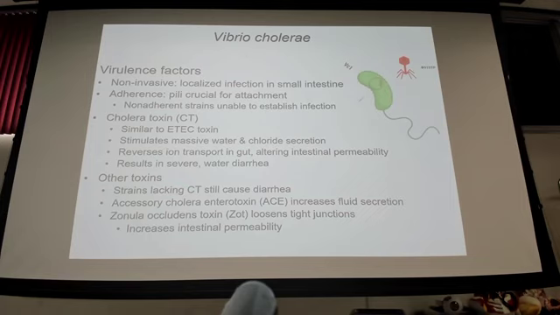LT or what? CT, cholera toxin. In terms of mechanism, CT acts very much the same way as those E. coli toxins. You have dysregulation of the ions that flow in and out of those enterocytes and loss of intestinal permeability, contributing to severe diarrhea.